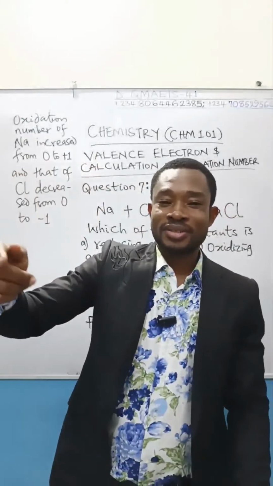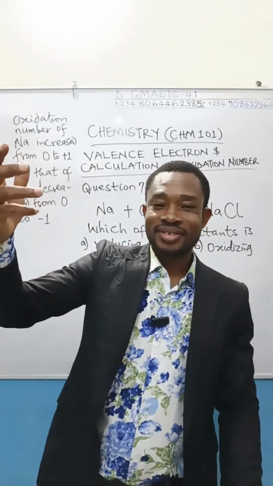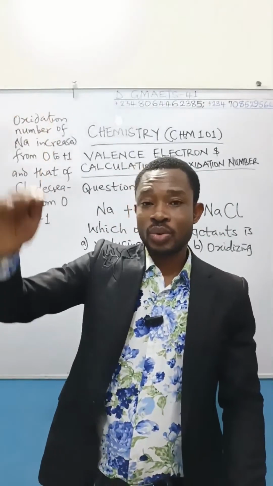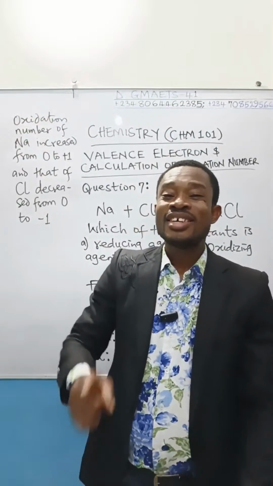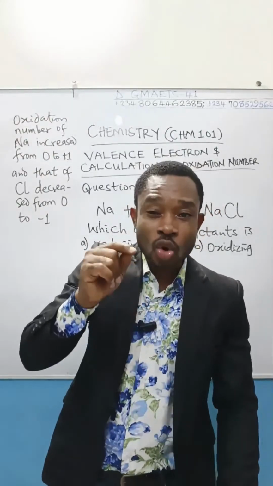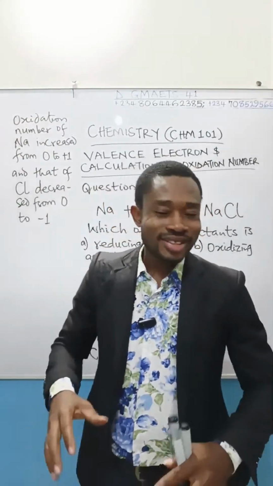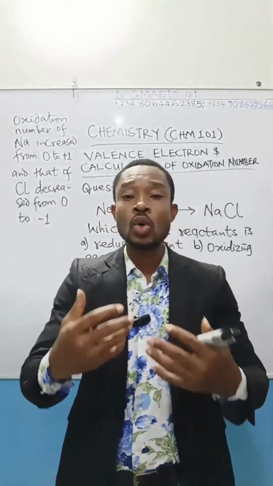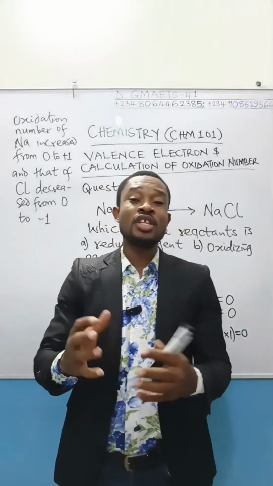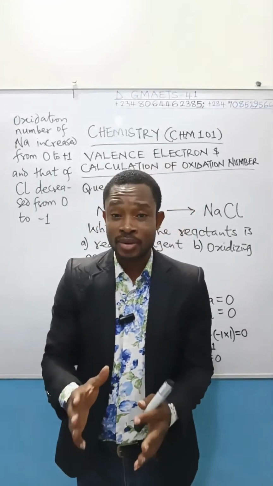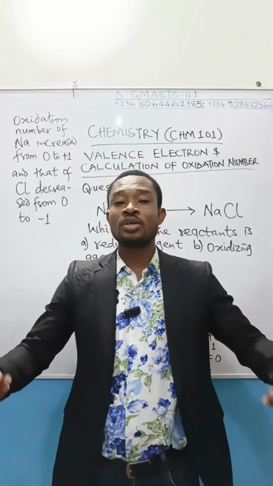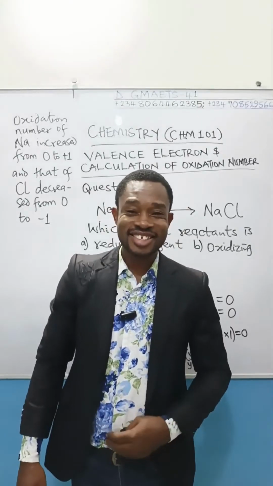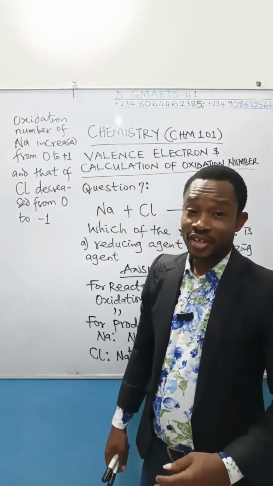Whenever I hear reduction, if any substance undergoes reduction, the oxidation number will reduce. Take note of this, because I'm actually using this class to expose reduction and oxidation reactions for you now, pending when we are going to treat it, because it is not yet time for us to treat it. We still have other things to deal with.